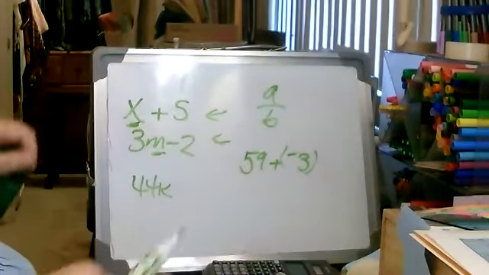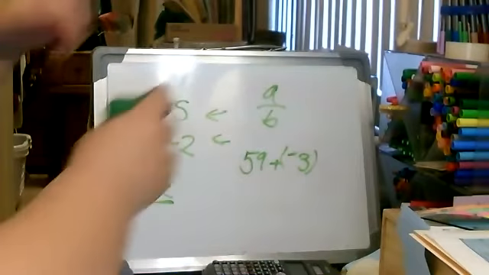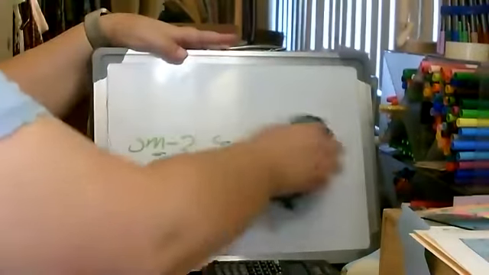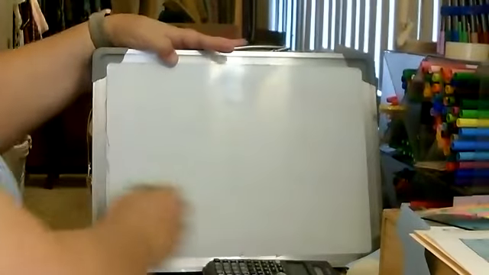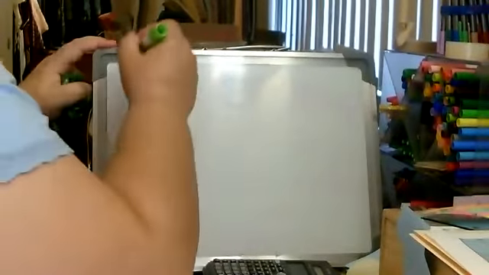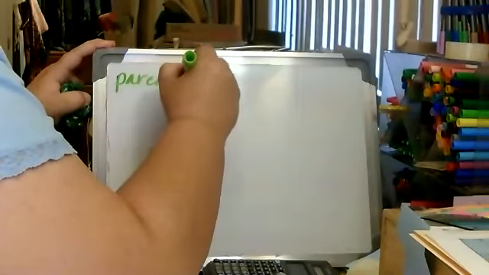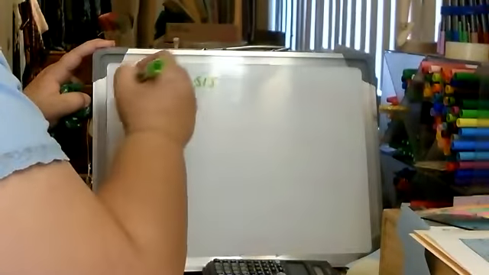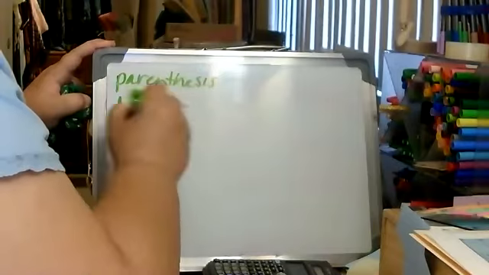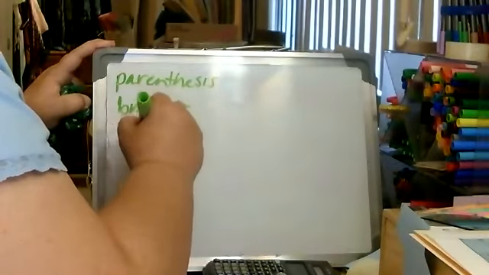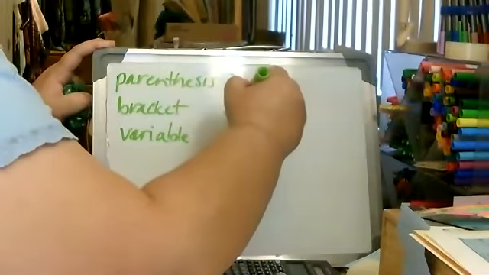44K. Now, one thing about this that you need to understand is that anything directly in front of or in back of a parentheses, a bracket, or a variable is automatically multiplied.